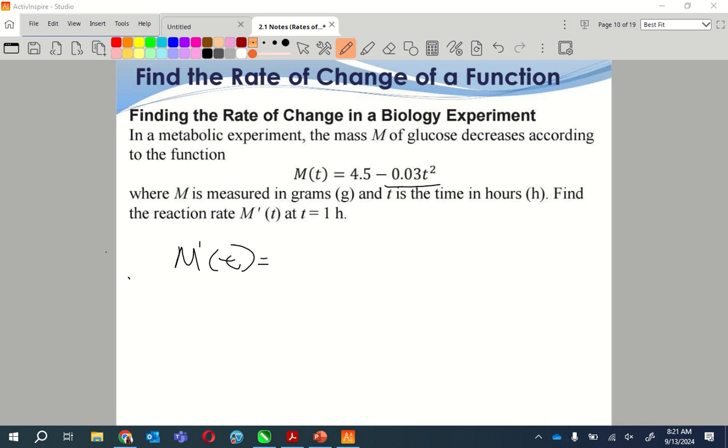What do I do with the 2? Multiply the exponent, which is 2, by the coefficient, right? So that's going to give me a negative 0.06. And now what do I do with my exponent?